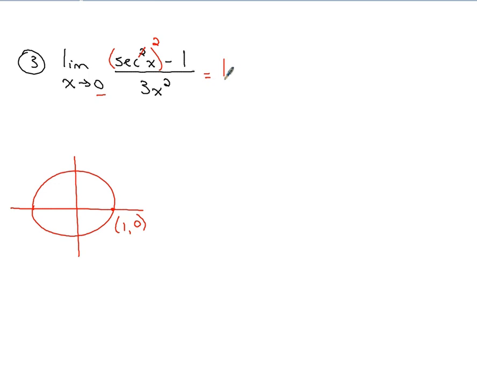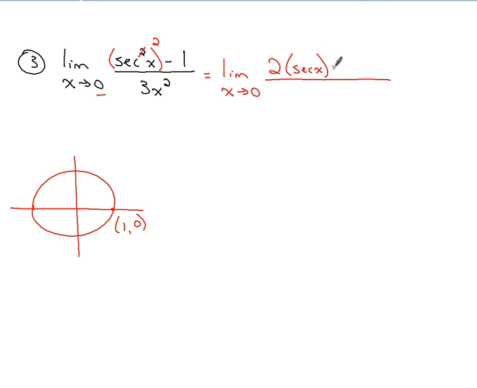So this is going to equal the limit as x approaches 0. Applying L'Hopital's rule, take the derivative of the numerator expression. Since this is the secant of x squared, we're using a chain rule here. Bring down the 2. You've got secant of x, new power is 1, right?